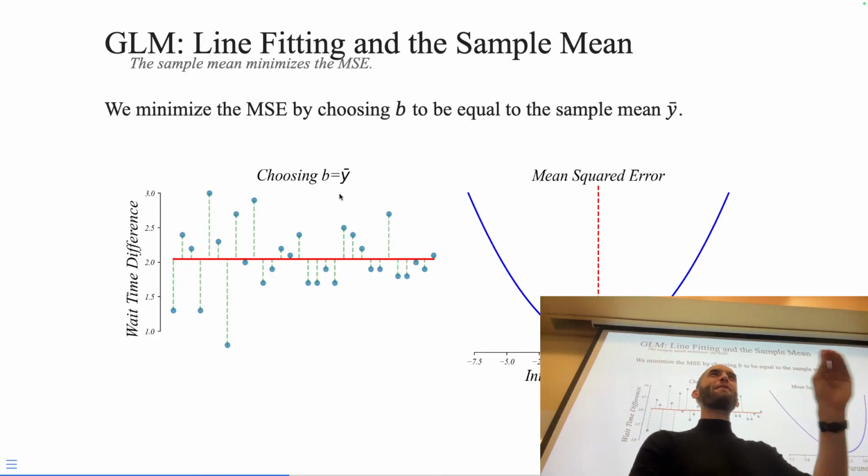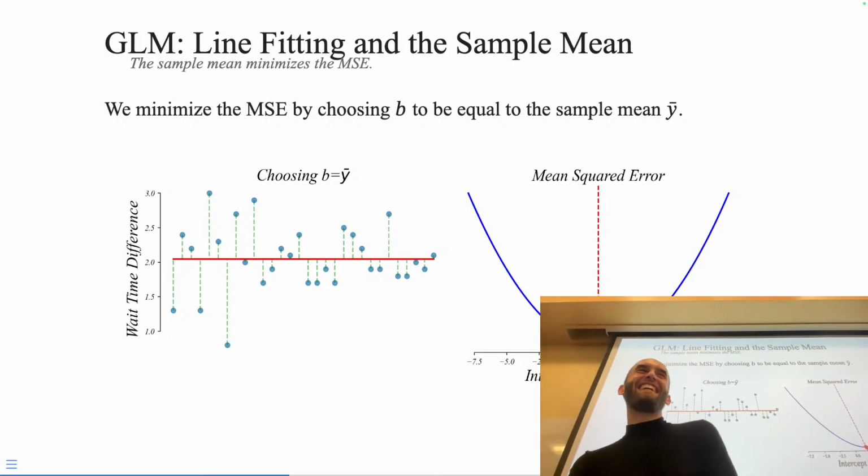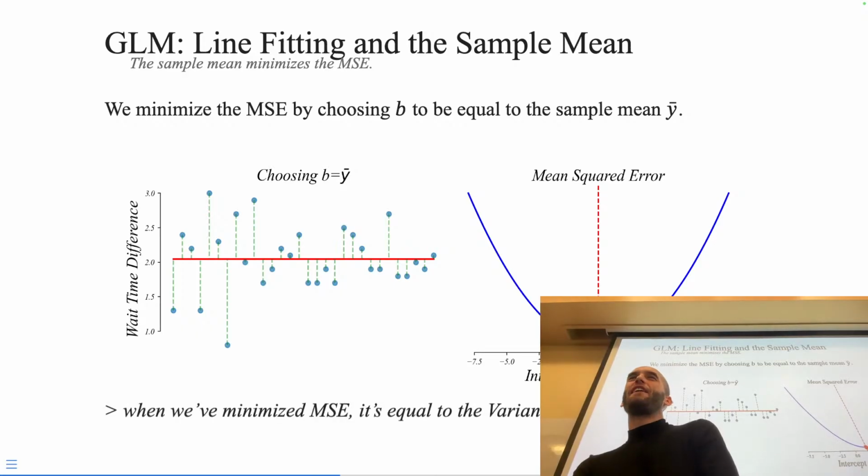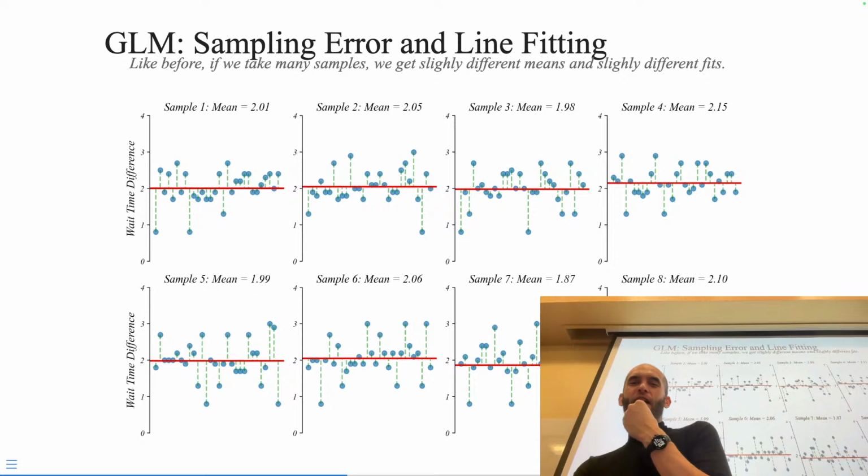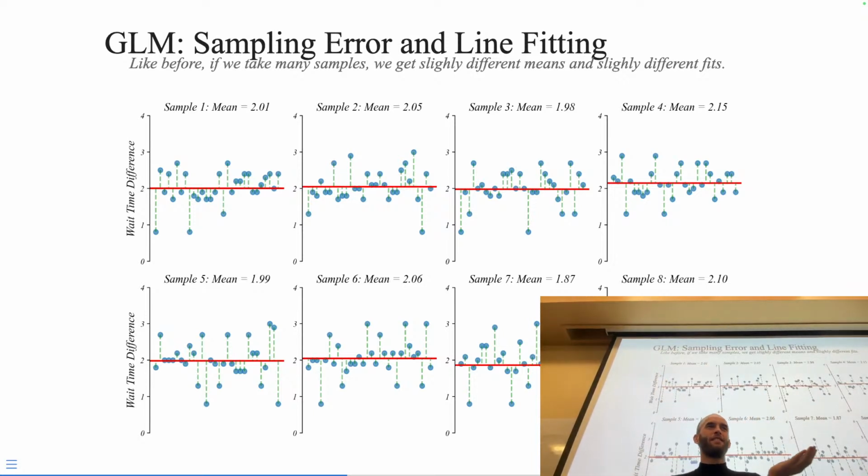Does this remind you of something we just did? Be thinking about what we just did in part 3. If I run a bunch of samples, each sample, like we've talked about in the past, has a slightly different sample mean.